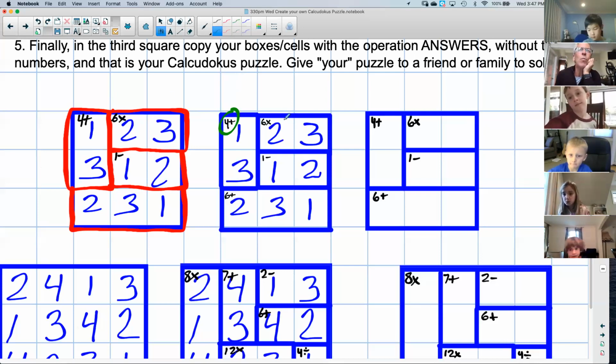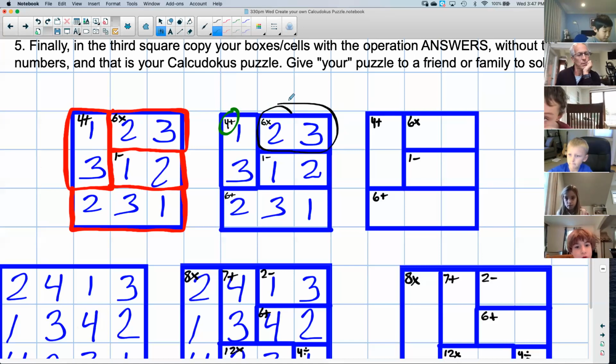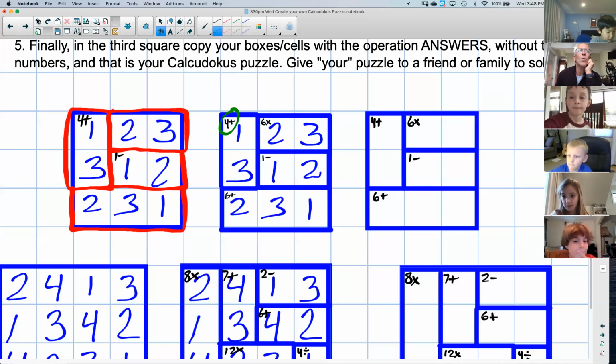Now, who can tell me what else I could have put in that box? Besides the 6 times. What else? Roman, are you thinking about this? If I have a 2 and a 3 in a box, what else can I put there besides 6 times?